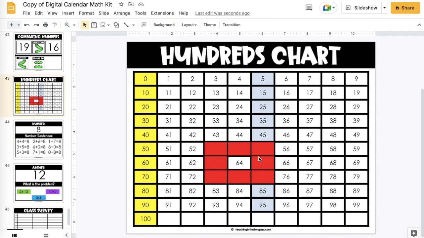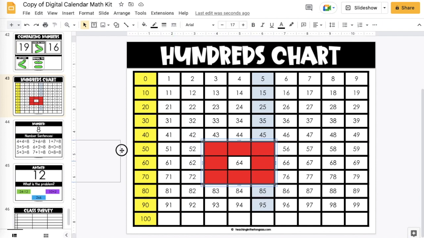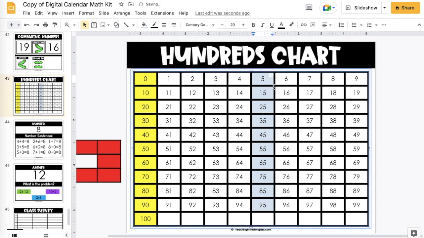Moving on, let's go ahead and move our hundreds chart peekaboo window over here to the side and start by counting on by tens. 5, 15, 25, 35, 45, 55, 65, 75, 85, 95. Adding 10 each time.